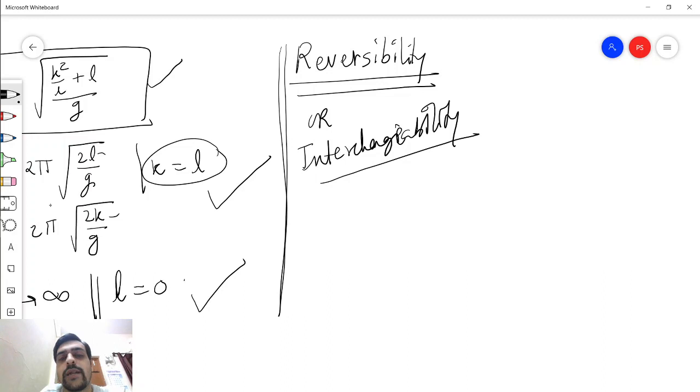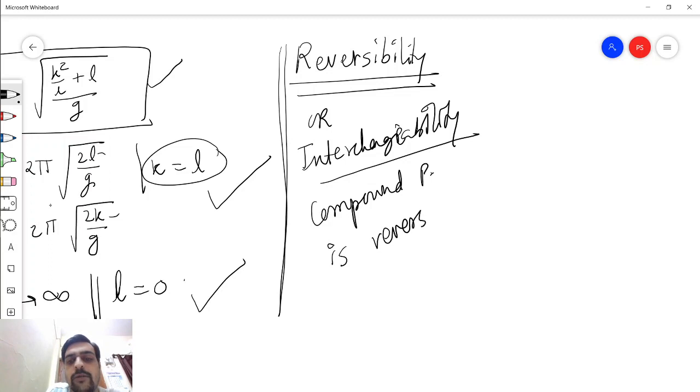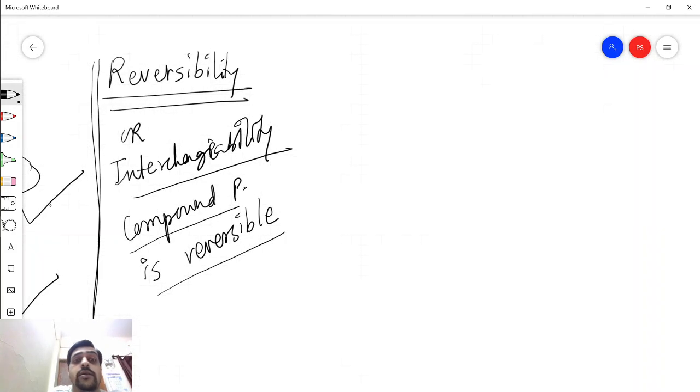What does that mean? That a compound pendulum is a reversible pendulum. So it can oscillate with the same time period at two different points.